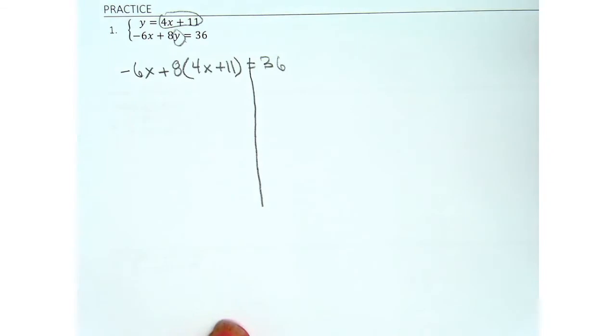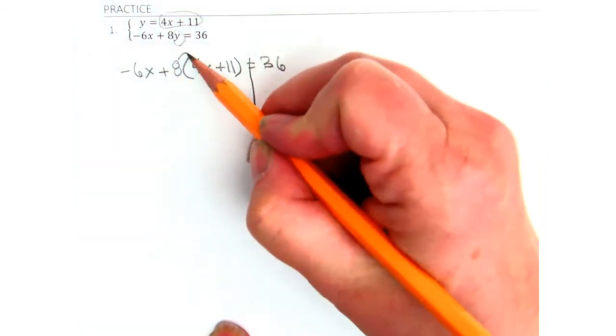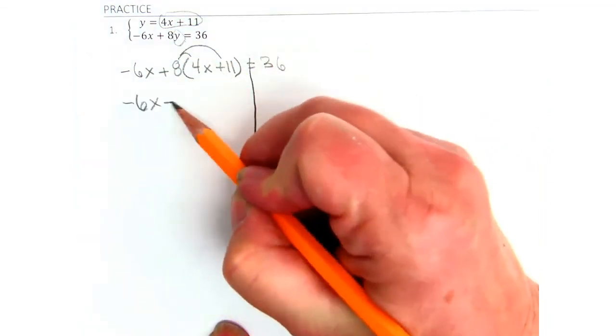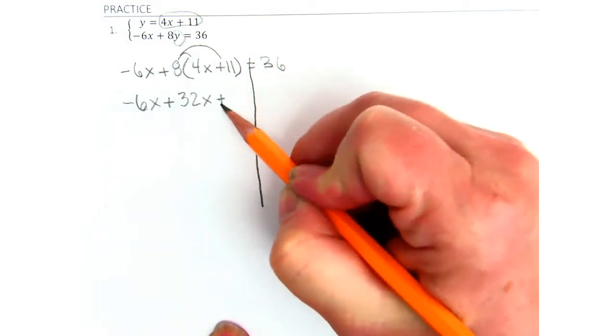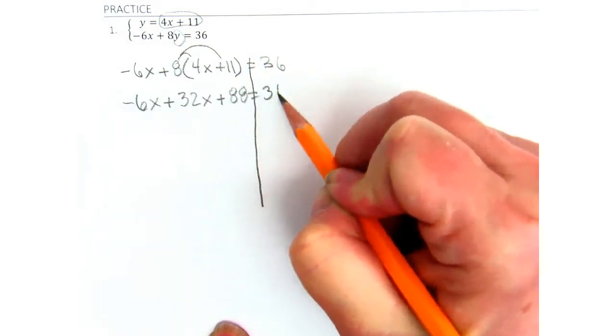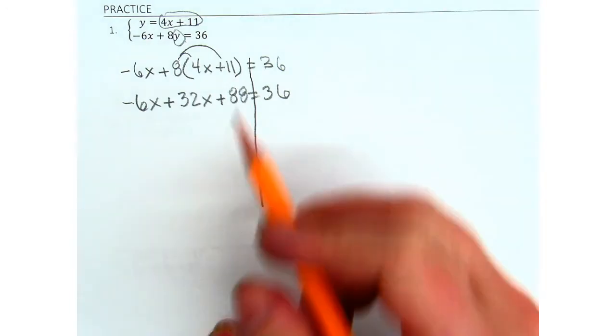Solve for x. Distribute. Then combine like terms.